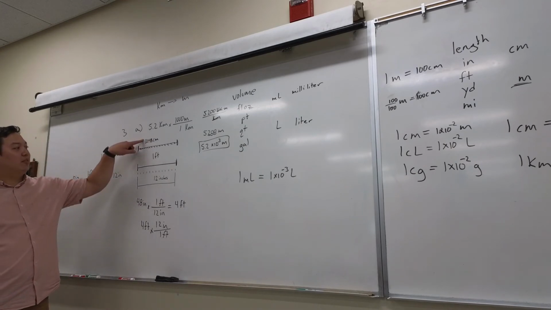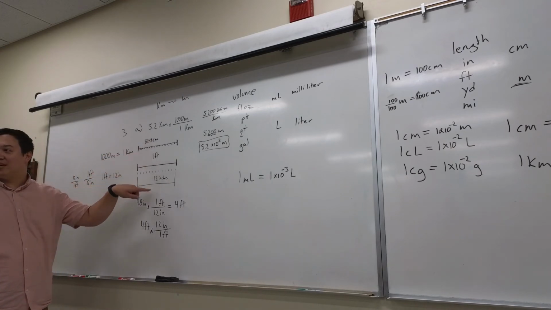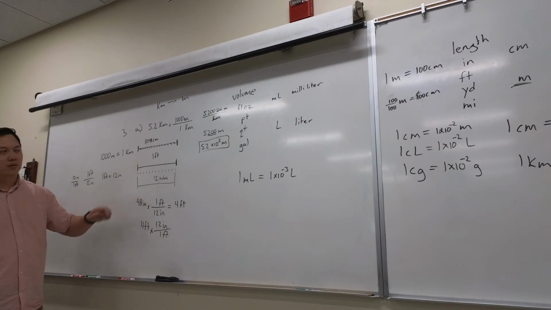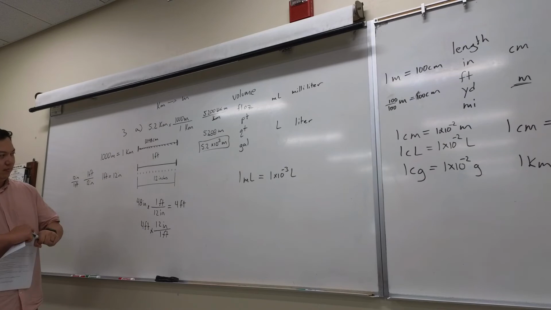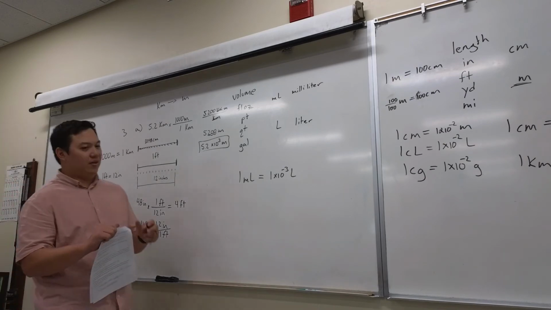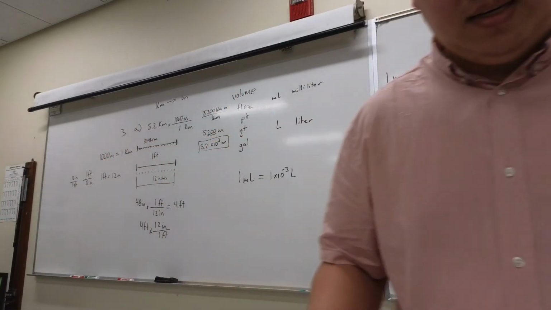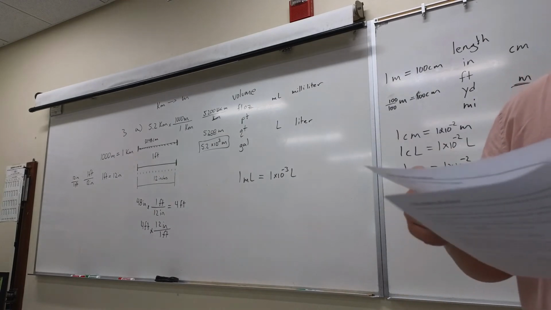So 30.48 centimeters is the same as 1 foot, and it's the same as 12 inches. Hopefully that helps someone and is not just more confusing.